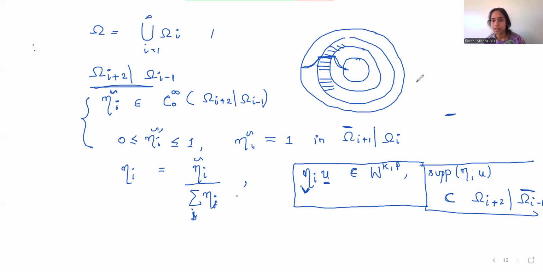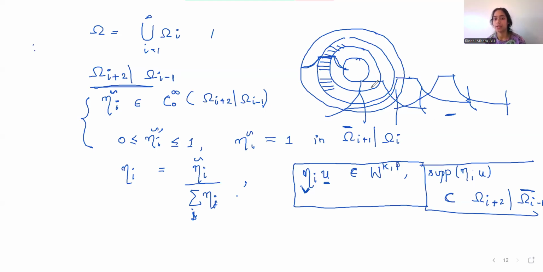So these patches will look like this: in this patch you have this, and the rest is 0, for two annuli. Similarly here, and in between this also, the patches are like this. Next we want to make the continuous modification.